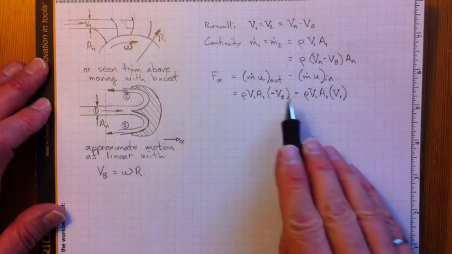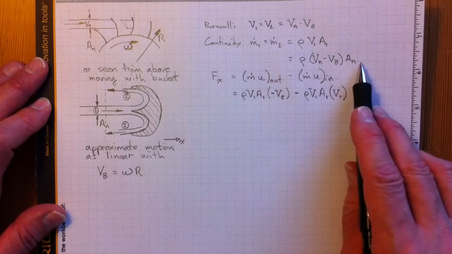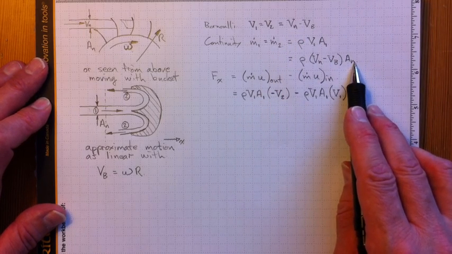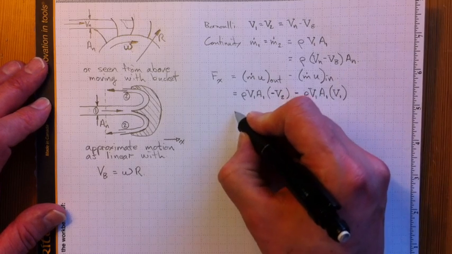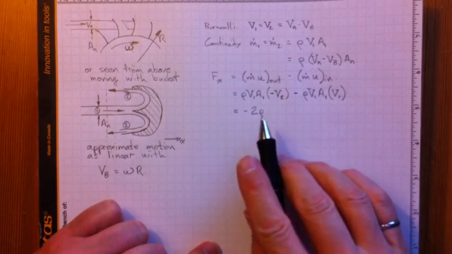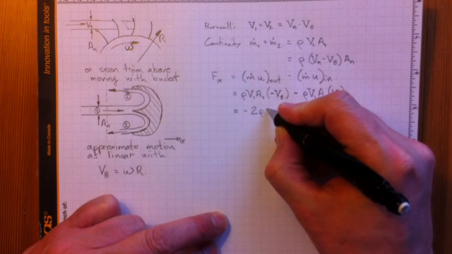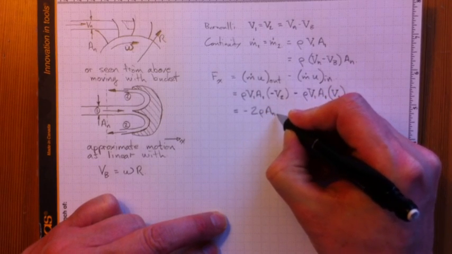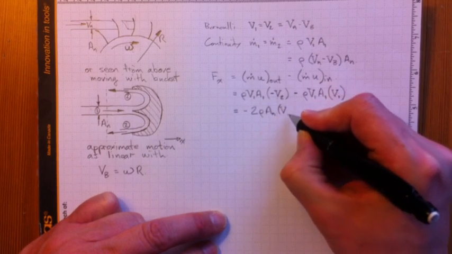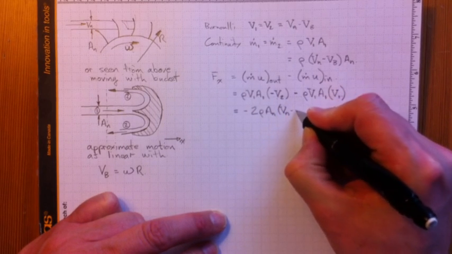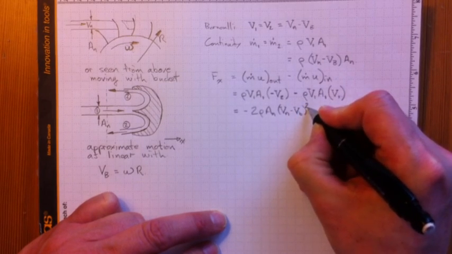Now both V1 and V2 are equal to Vn minus Vb. A1 is An, the nozzle cross-sectional area. And if we combine those together, we wind up with negative 2 times rho times the area of the nozzle times the incoming velocity, Vn minus Vb, the relative velocity overall, squared.